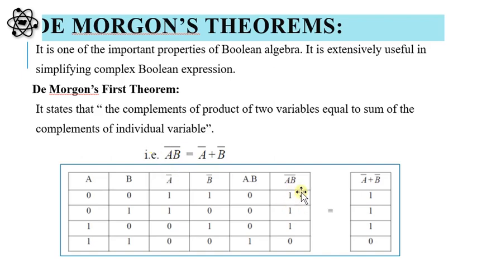You can see the result of AB bar is 1, 1, 1, 0, and A bar plus B bar is also equal to 1, 1, 1, 0. LHS is equal to RHS, which concludes that the complement of the product of two variables is equal to the sum of the complements of the individual variables.